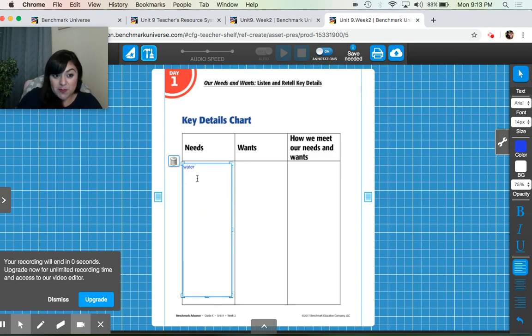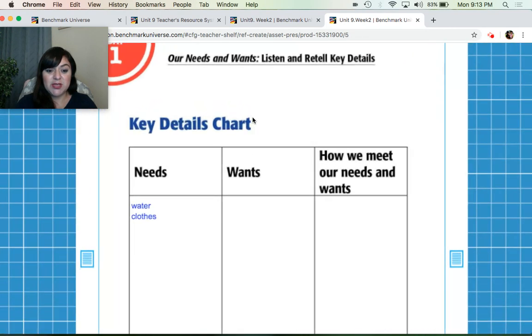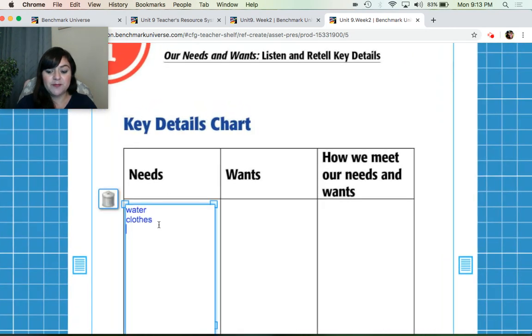Oh, do you remember? We need clothes. Do you remember what else we need? Water, clothes, shelter, a place to live, right?